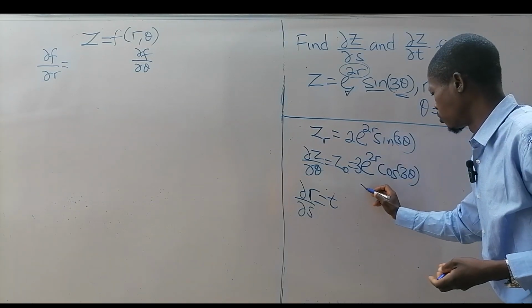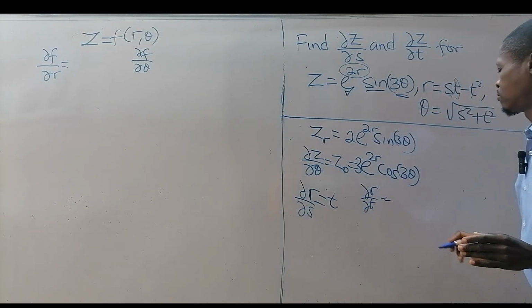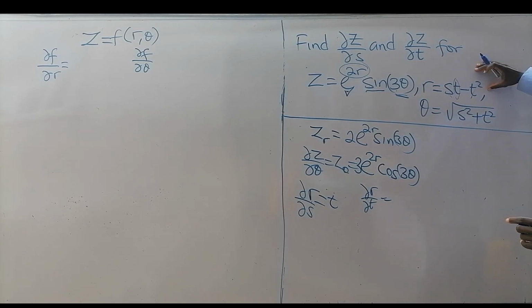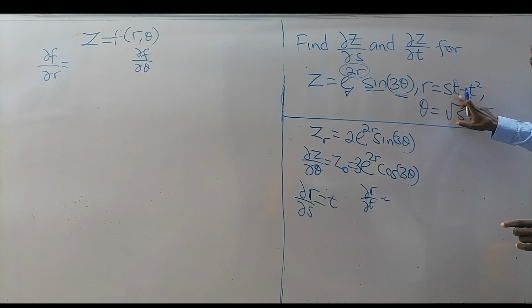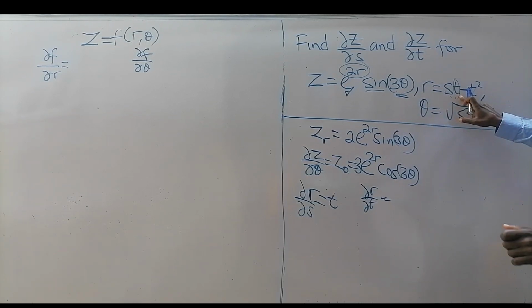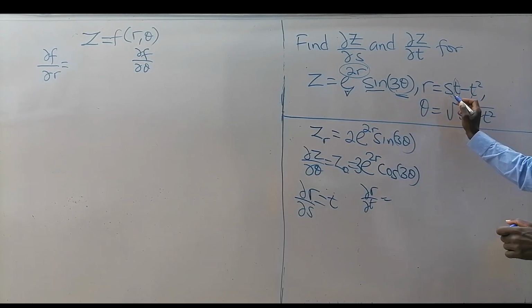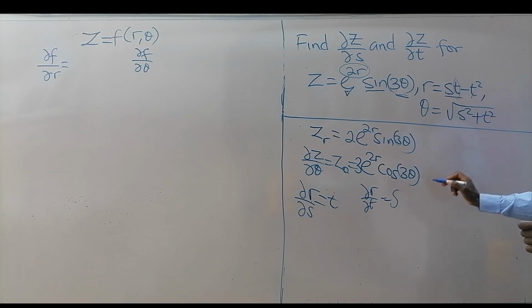Then let's do the same thing for del r del t. Differentiate this one with respect to t, which means you are keeping x constant and only differentiating t. That will give us x, and then minus 2t.